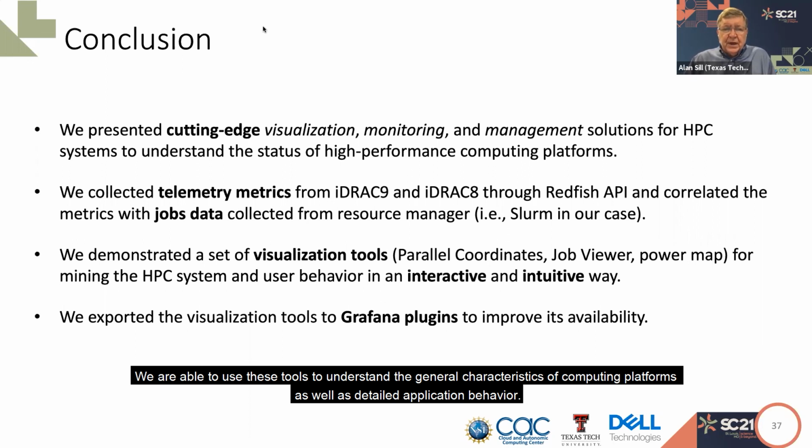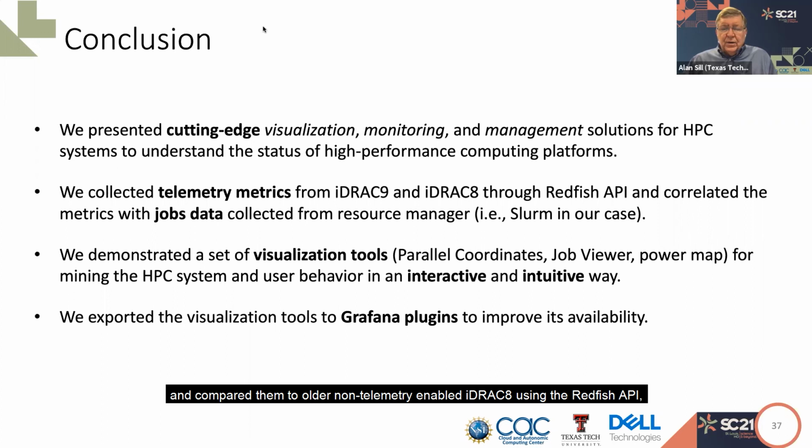We are able to use these tools to understand general characteristics of high-performance computing platforms, as well as detailed application behavior. We collected the telemetry metrics from the baseboard management controllers through the newer, more powerful telemetry-enabled iDRAC9, and compared them to the older non-telemetry-enabled iDRAC8, using the Redfish API, and correlated these metrics with data from jobs collected from the resource manager.